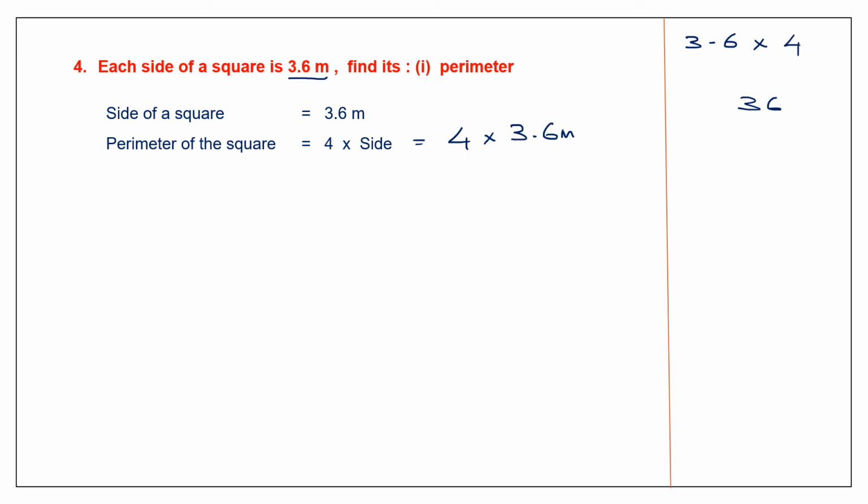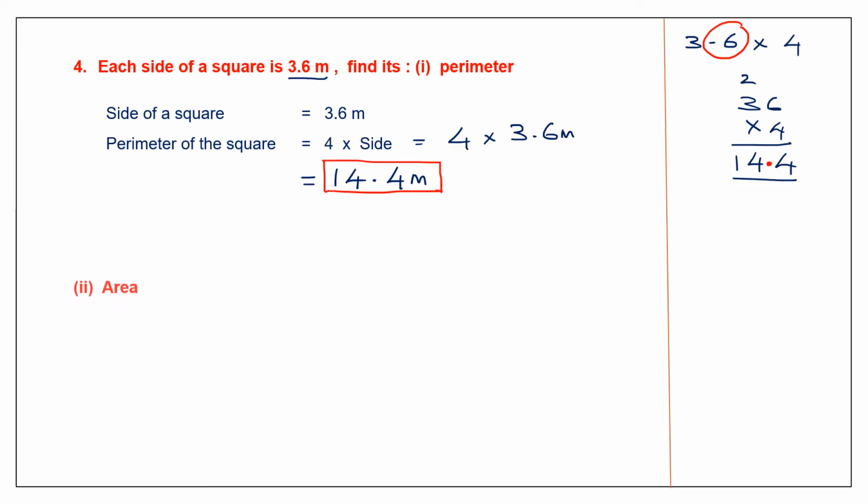That is 36 into 4. 4 6s are 24, carry 2. 4 3s are 12, 13, 14. 144. Now the question says there's one decimal place. Our answer also should have one decimal place. So here we found the perimeter to be 14.4 meters. So the perimeter of this square here is 14.4 meters.